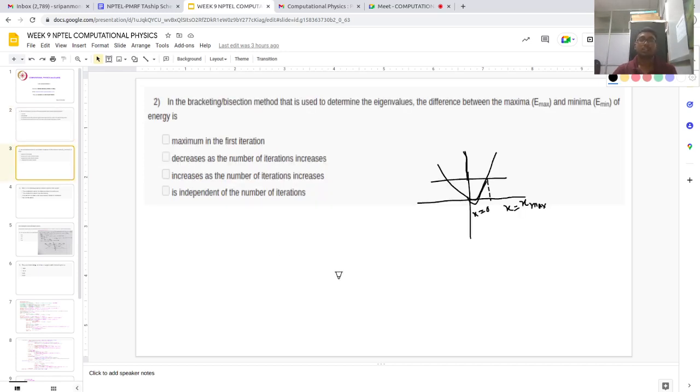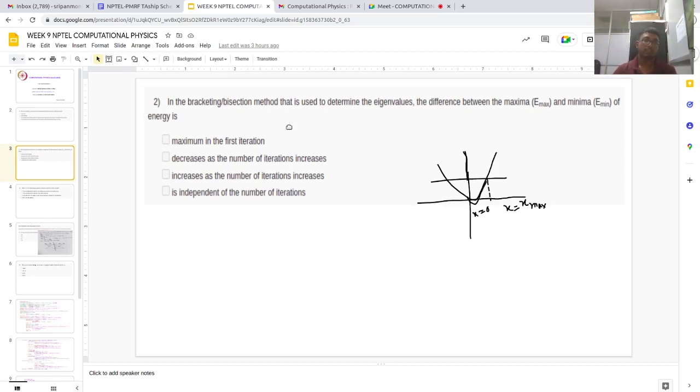So the second question, can you tell me which will be the correct answer for this question? It is asking that in the bracketing or bisection method that is used to determine the eigenvalues, the difference between the maxima and minima of the energy.